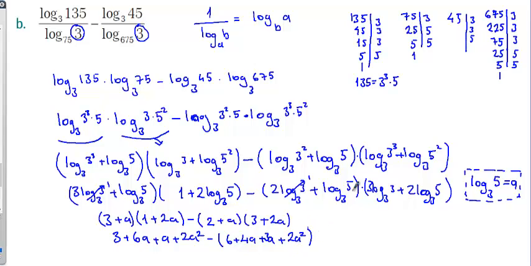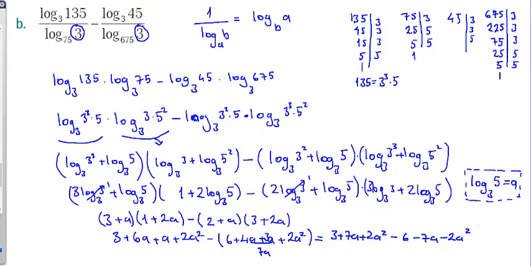If I rewrite these expressions, it's going to be 3 plus 7a plus 2a squared minus 6, minus 3a, plus 4a is equal to 7a, so minus 7a minus 2a squared.